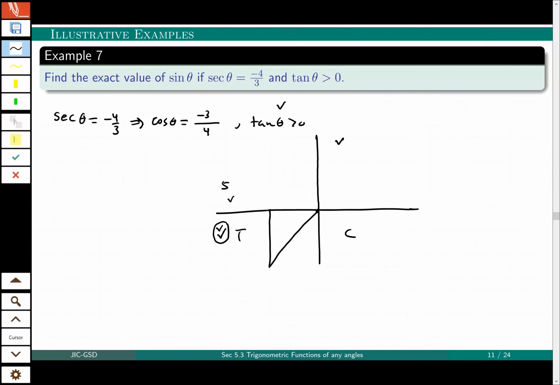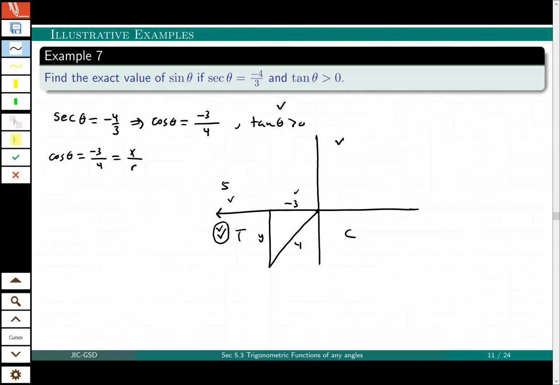So what is given here? Cosine theta is -3 over 4, means this will be x, that is r. x is -3, r is 4. We need to find y. Before we go to that, we check our common sense. x direction is negative, and that's negative.